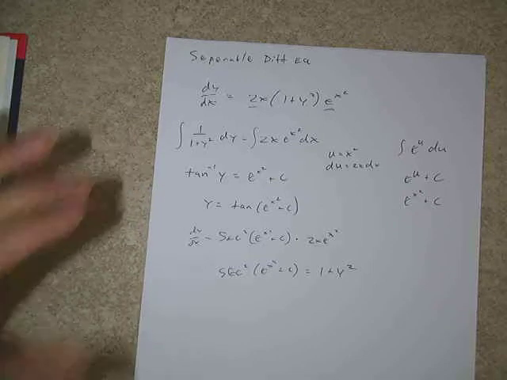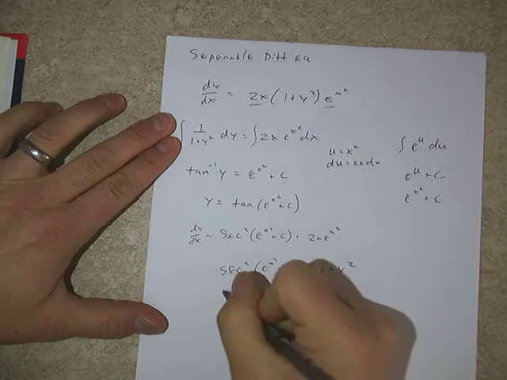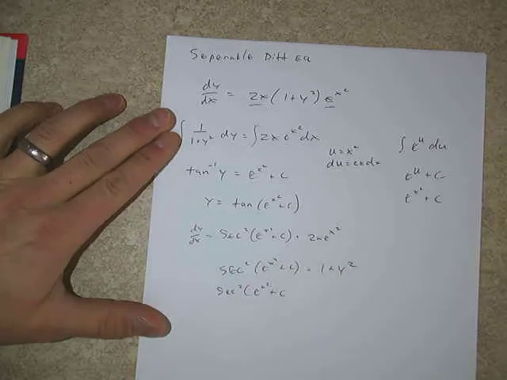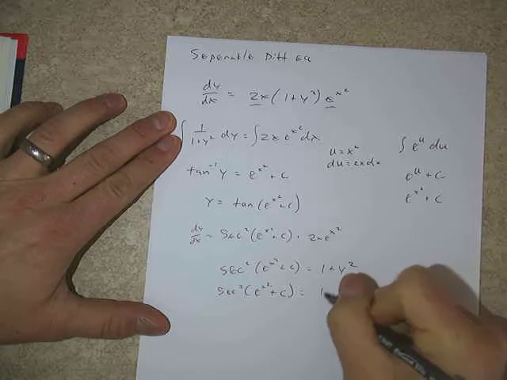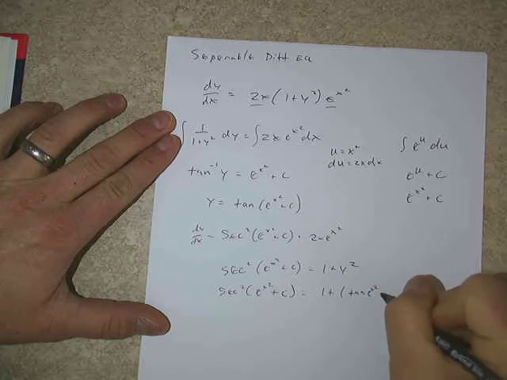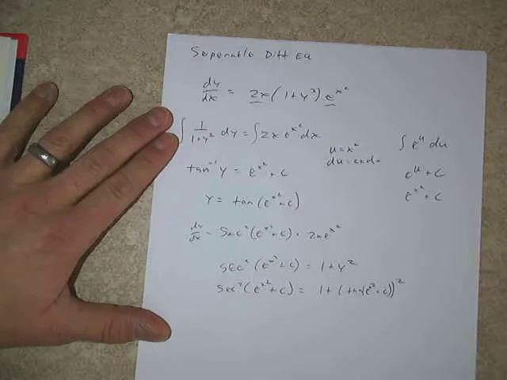They'd have to. Otherwise, this wouldn't be true. Would we just substitute the y for the tangent of e to the x squared plus c? Well, let's see what happened if we did that. Keep in mind, all we want to do is show that these two are the same. If I did 1 plus tangent of e to the x squared plus c, all squared, I'd have that, wouldn't I?